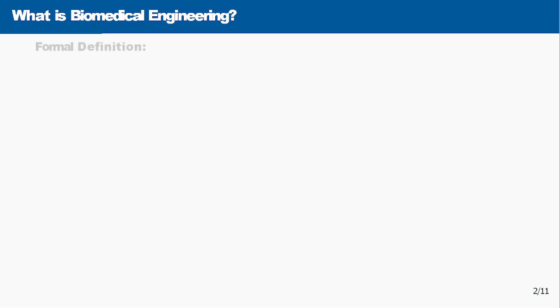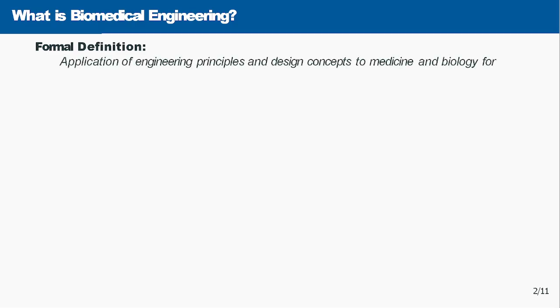As the name you can mark here, there is a book definition. You can say it is the application of engineering principles and design concepts to medicine and biology for healthcare purposes. So that means biomedical engineering deals with different principles like engineering. We can apply physics, whatever we have learned from chemistry.